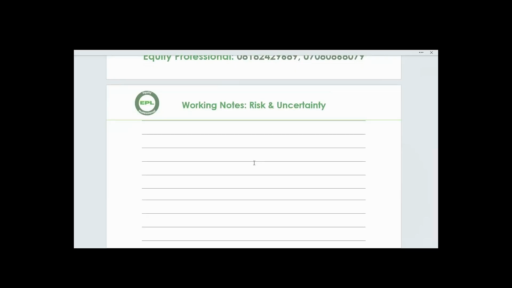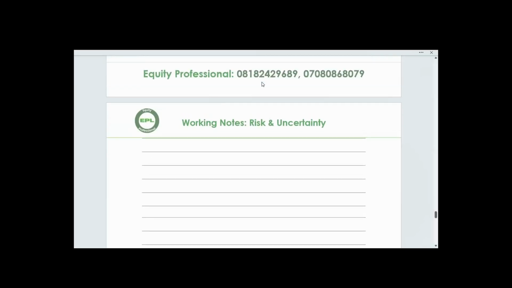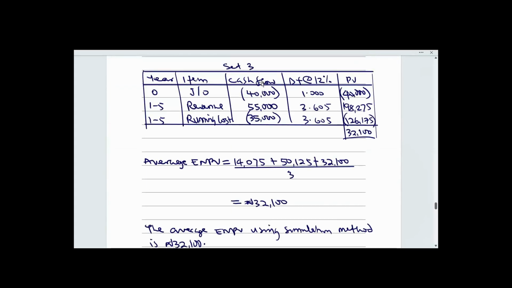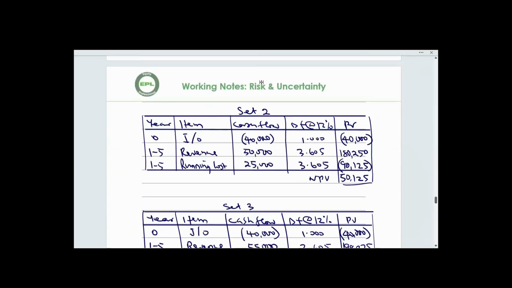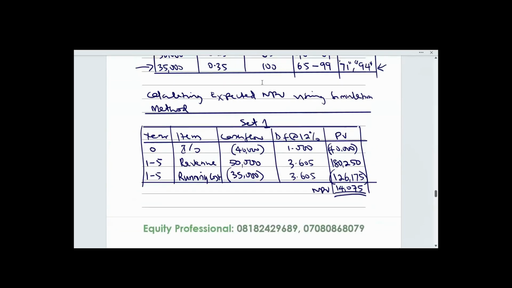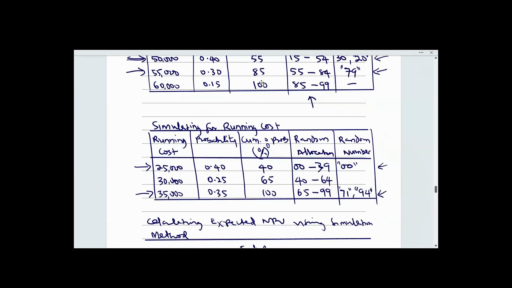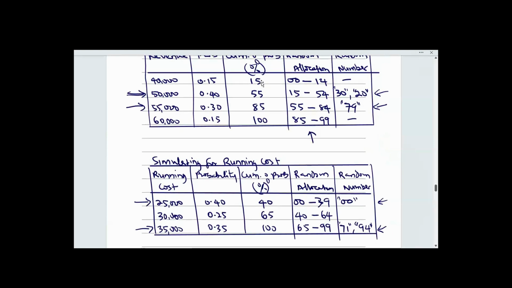When you look at the simulation method, you see that we are selecting our cash flows on the basis of the tag number or random number given to us. And then we ignore some cash flows. For example, the highest revenue is 60,000 naira.